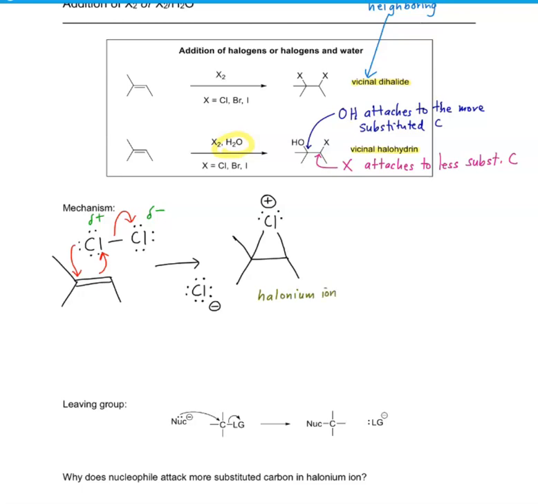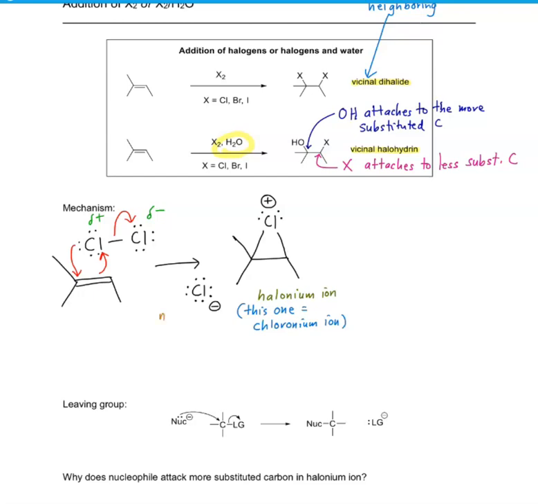This one specifically is called a chloronium ion. We've seen this pattern before. Three-membered ring, two atoms that are carbons, one that's not, positive charge. We know in cases like this that nucleophiles attack the more substituted ring carbon.